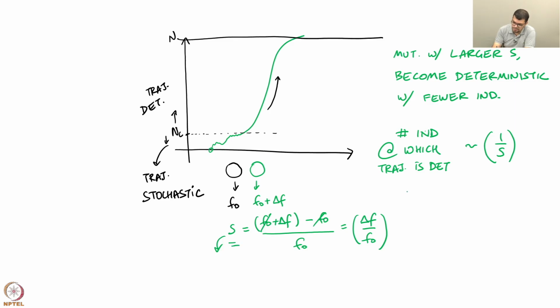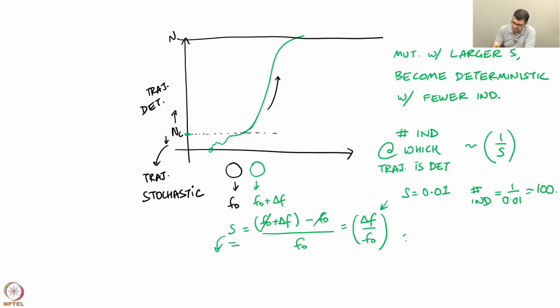So, if you have a mutation whose S is 0.01, that means it only increases fitness by 1%, then the number of individuals beyond which trajectory is deterministic is 1 upon 0.01, which is 100. So, trajectory becomes deterministic in that case when the number of individuals crosses 100.